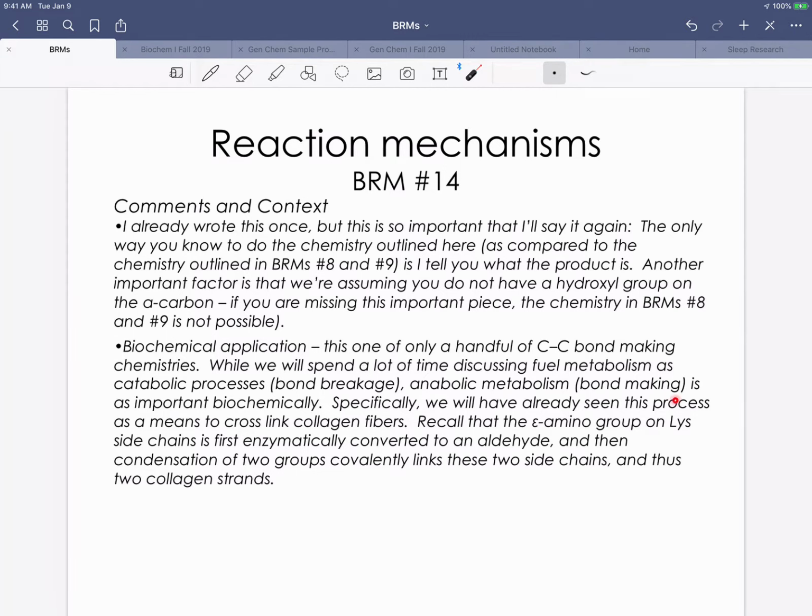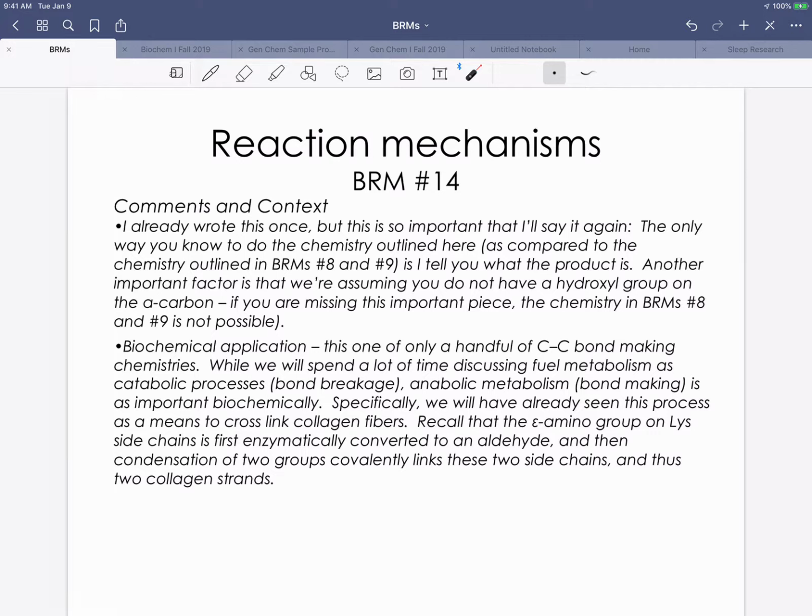And again, this chemistry that happens with collagen cross-linking has to do with what we call the epsilon amino group. So it's that amino group on the fifth carbon out: alpha, beta, gamma, delta, epsilon. So the fifth carbon atom out on the amino acid side chain of lysine is going to have an amino group, and we're going to use that to do an aldol-like condensation with an aldehyde.